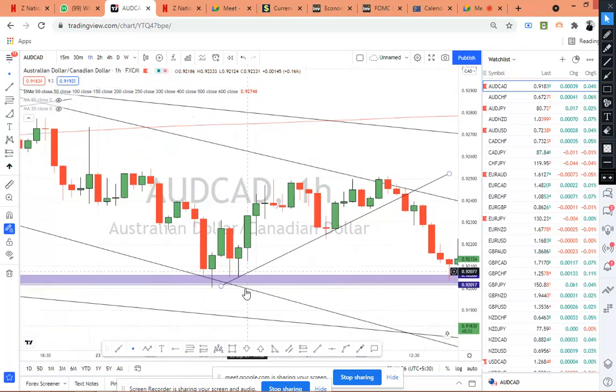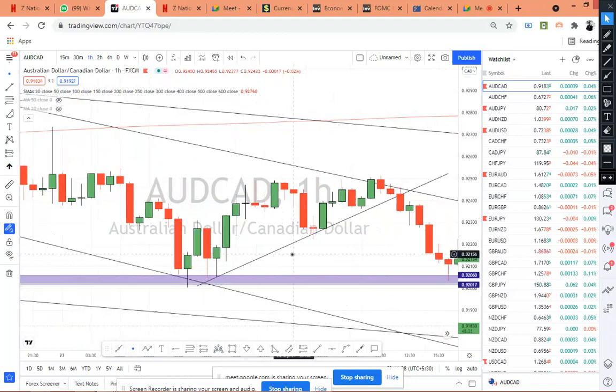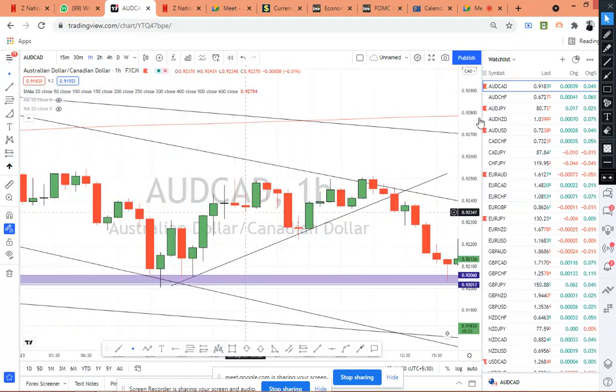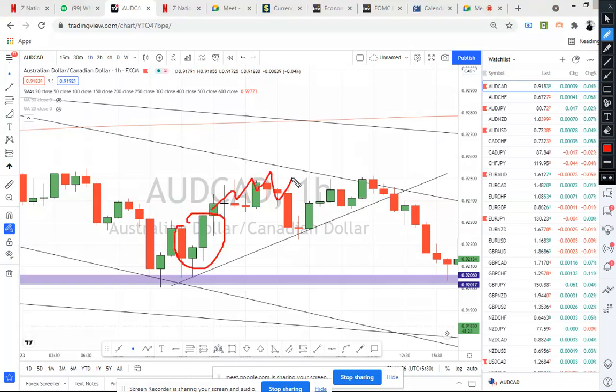I'm looking for a support. This is a support level. From support, you can see a morning star pattern. The price really rose for a while, but it didn't go far, so we cannot expect more now.